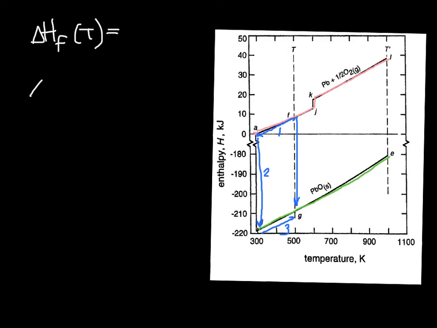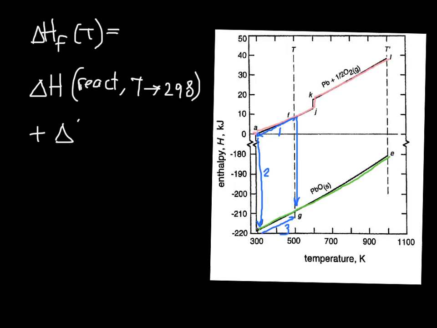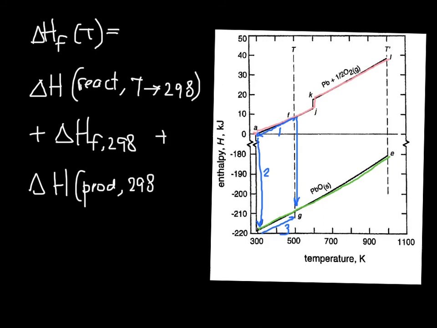So step 1 is delta H of the reactants when we change the temperature from T to 298, the second step is delta HF at 298, and the third step is the delta H of the products as we go from 298 up to T.